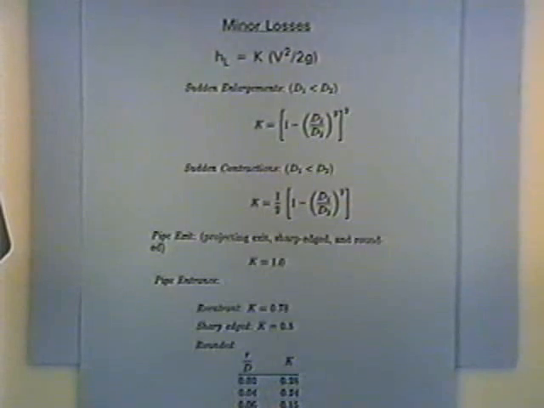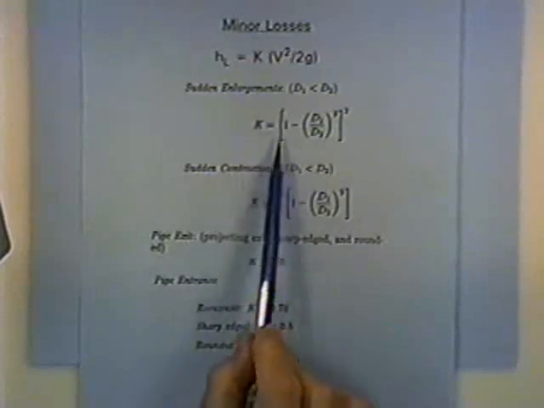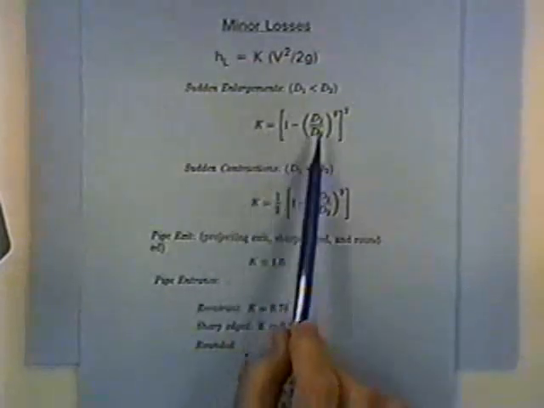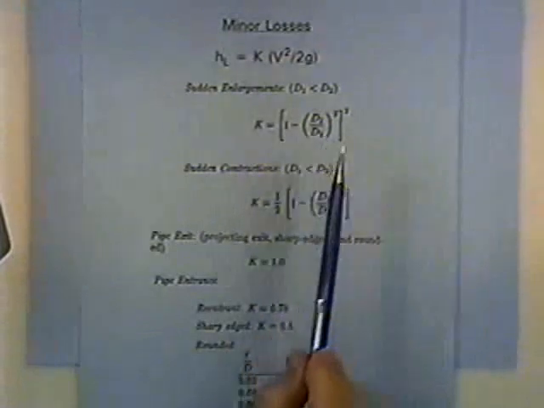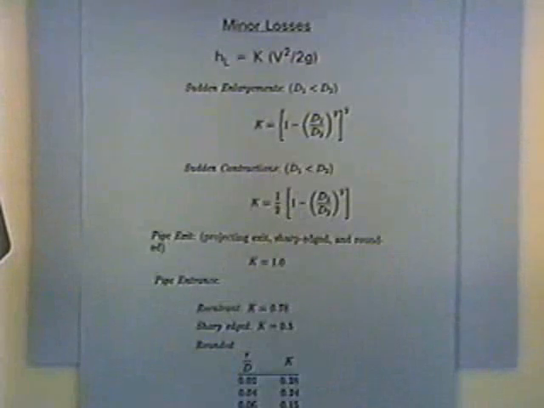I've Xeroxed this particular page of notes out of the reference manual, and this is a typical way of doing it. Just say the minor losses are some empirically determined coefficient K times the velocity head. And then you need to estimate the K, and to estimate the K, for example, from the reference manual, they use this formula, and this can be expressed different ways, but for an enlargement, here's a formula to estimate the K. The K, the minor loss coefficient, is 1 minus the diameter upstream divided by the diameter downstream, d1 over d2 squared, and then square the whole term.